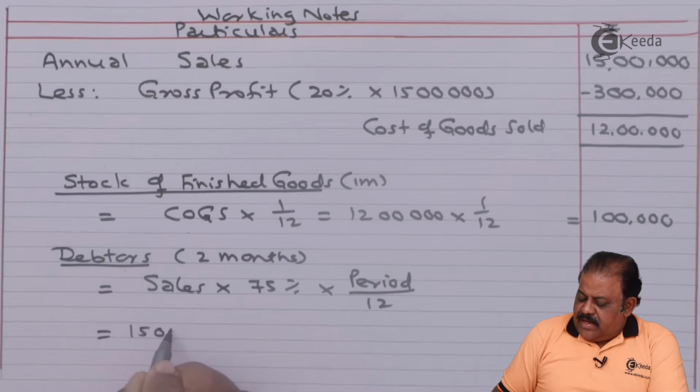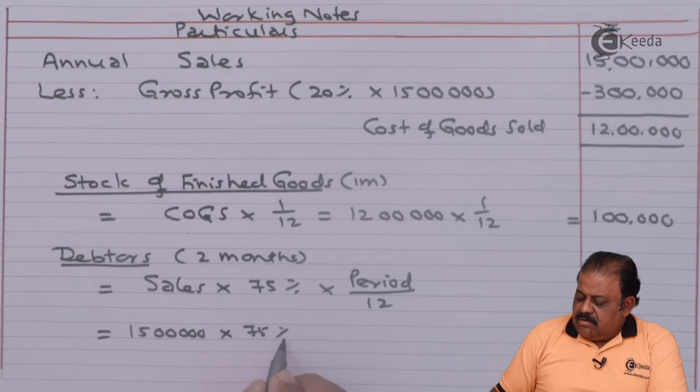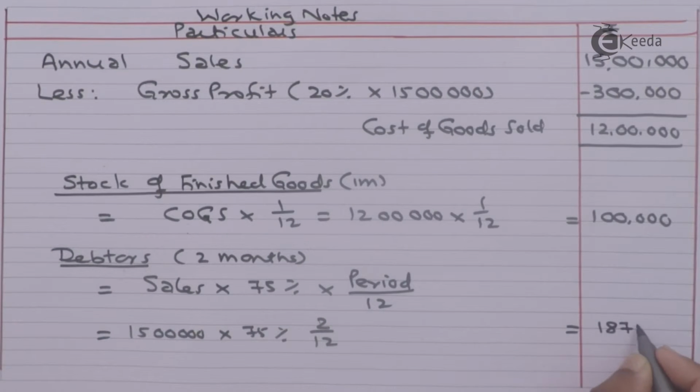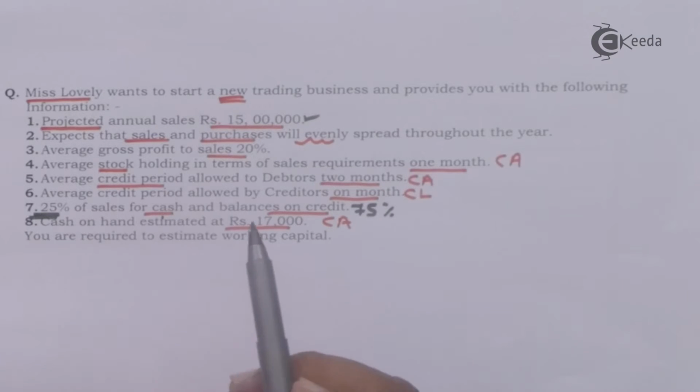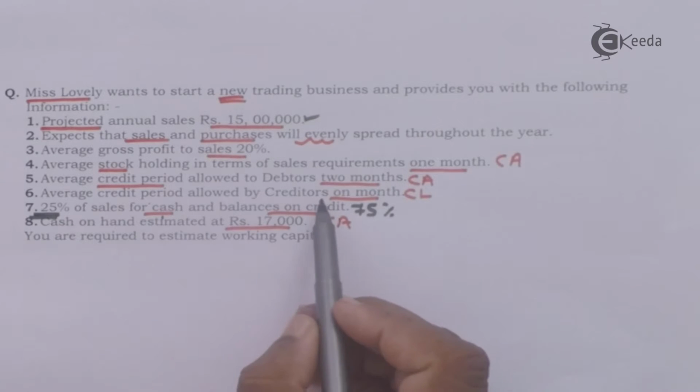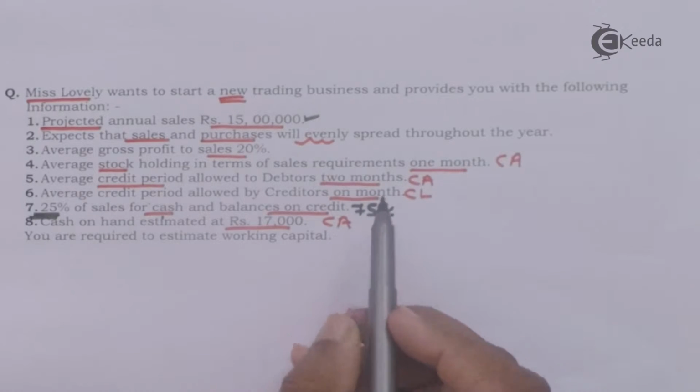Credit sales 75%. Period divided by 12. 2 months credit, therefore 2 by 12. So debtors will be 1,87,500.